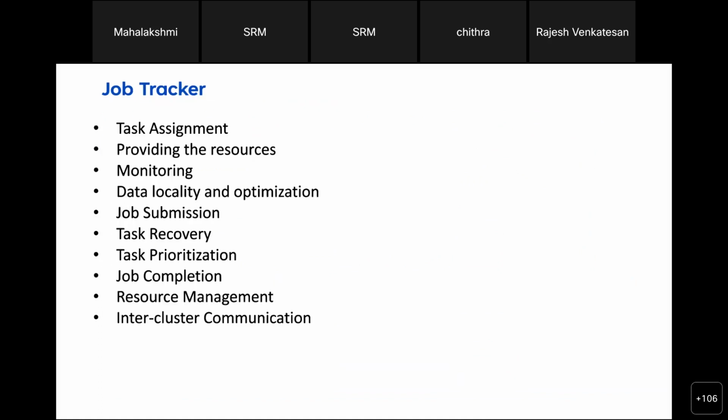Like our name node, the job tracker assigns tasks, provides resources, and monitors task trackers. Data locality and optimization are also taken care of by the job tracker, along with job submission, task recovery, prioritizing tasks, collecting job completion status, resource management, and intercluster communications.